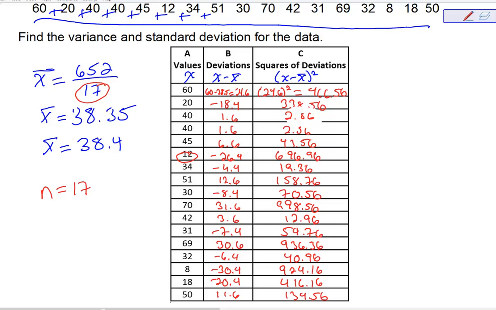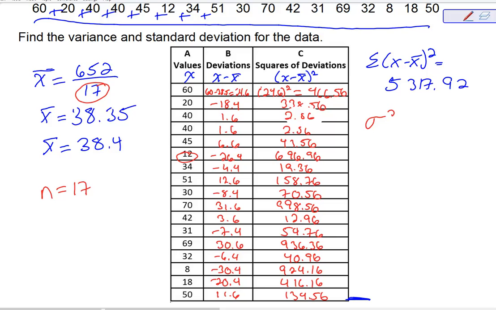Okay, then I'm going to add up this column. So the sum of my x minus x bars squared is going to be 5,317.92.